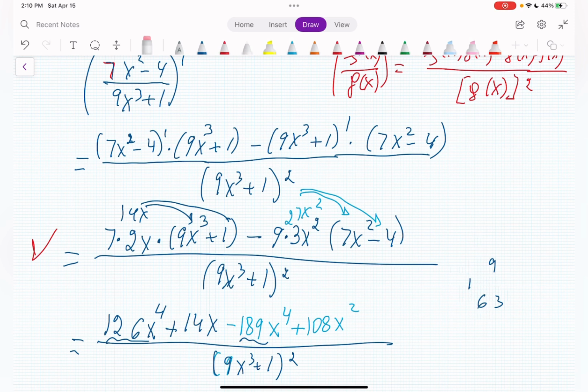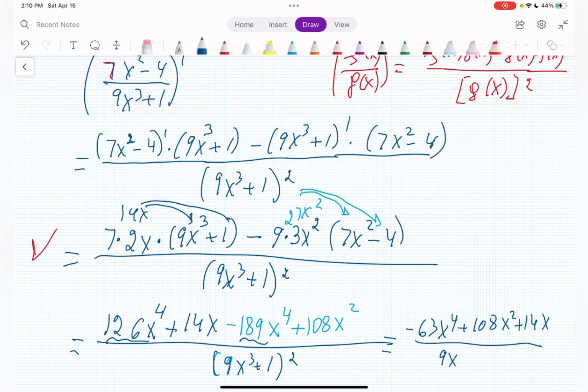Okay, and it's going to be negative 63x to 4 plus 108x squared plus 14x, and we divide by 9x cubed plus 1 to power 2. Okay, let me take a picture so I can enter the answer.